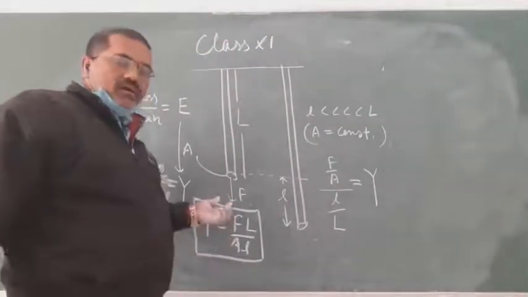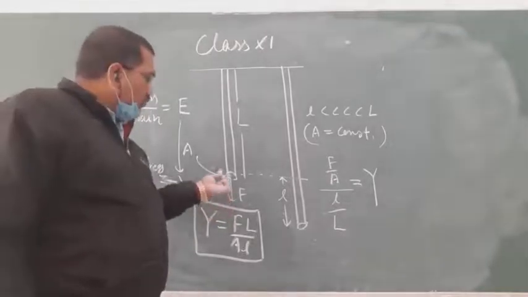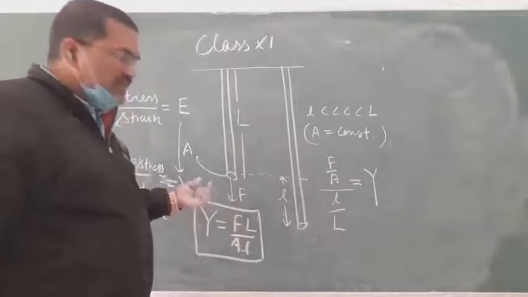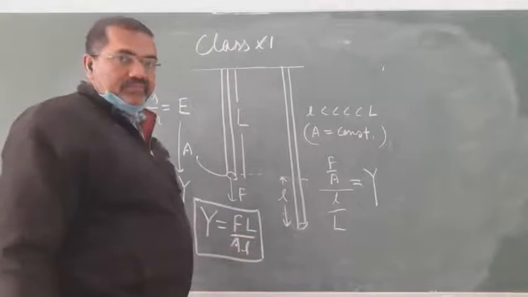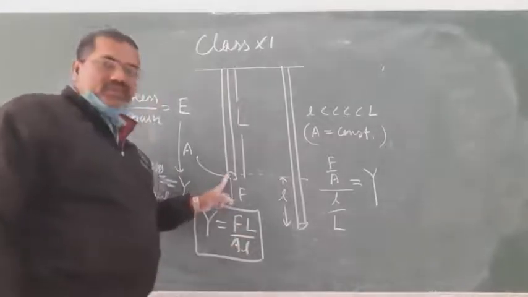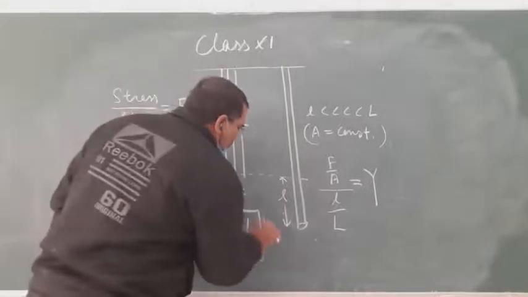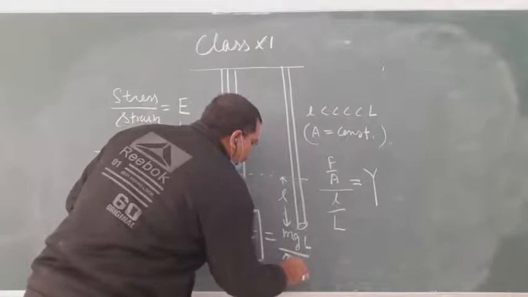Suppose if you are using a hanging load on the wire, that is load mass is m, then you can write here F equal to mg, and if radius of the cross sectional area of the wire is small r, so you can also say that Y is converted into mgL upon pi r square l.